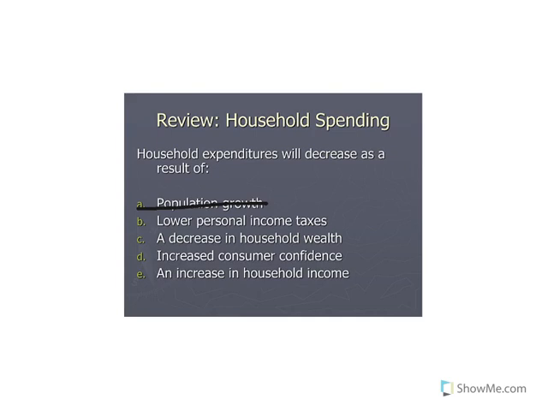If there are lower personal income taxes, then that increases disposable income, which would cause household expenditures to increase, so that would not be the correct answer. If there's a decrease in household wealth, that means households are generally going to spend less money on goods and services. So that would be the correct answer.